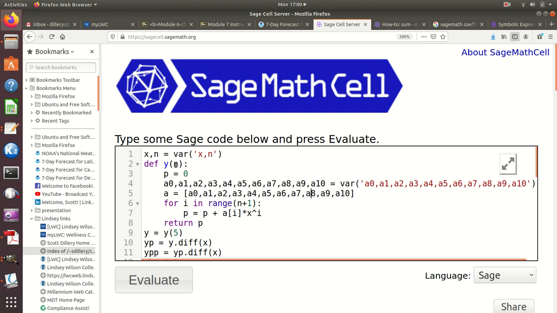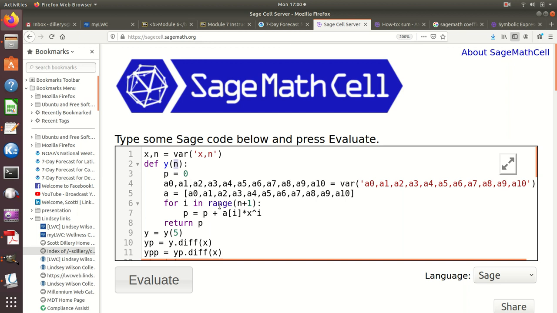Notice I could go up to n. This says n plus 1, so I can actually hit that n. All it's doing is taking a of 0, which is a0, times x to the 0. Then it'll take a of 1, which is a1, times x to the 1, and so forth up to a10, x to the 10.